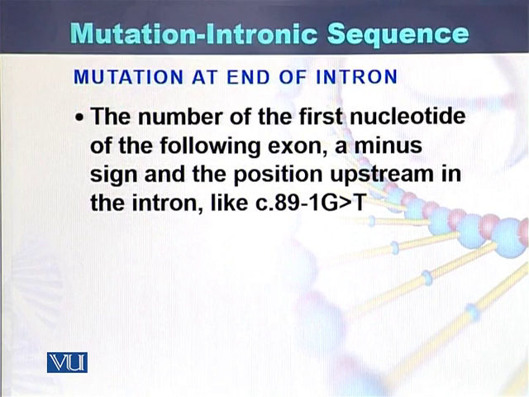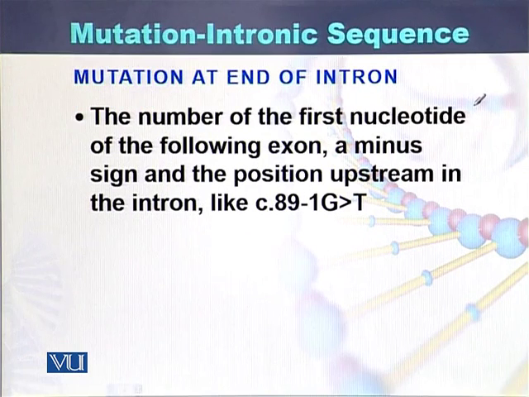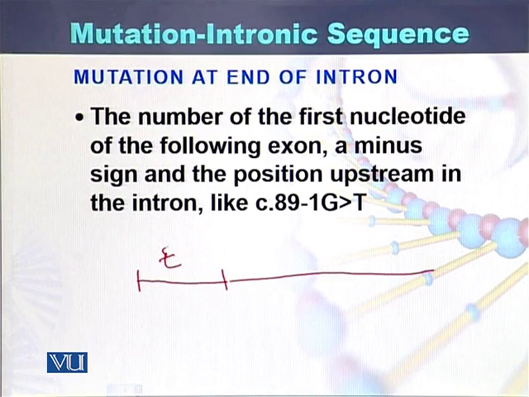How do we write a mutation which is present at the end of an intron? Take the example that this is the sequence of the gene, this is exon 1, this is intron 1, and this is exon 2.